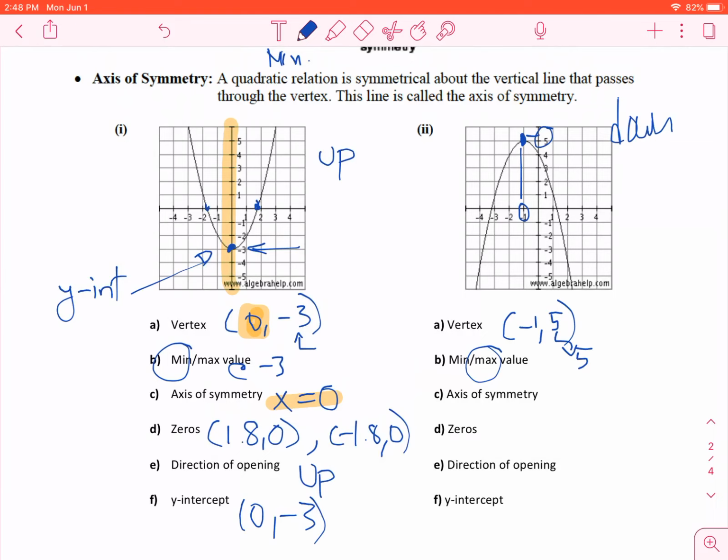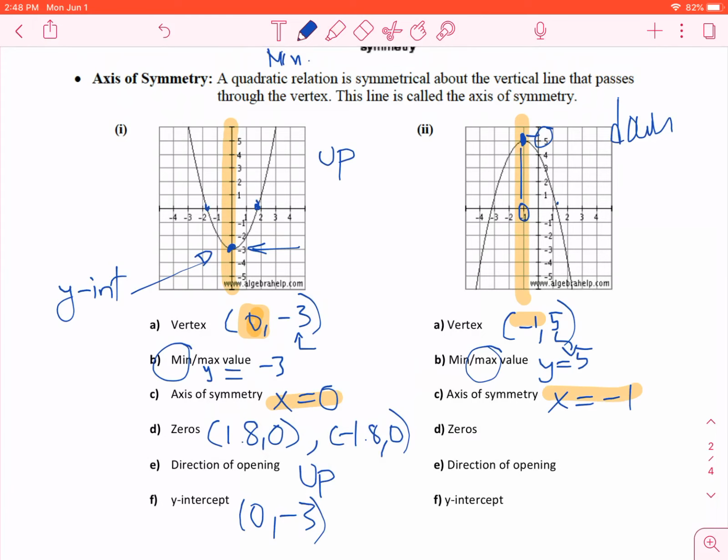It's at y equals 5. We can add that y equals. Axes of symmetry, so again, if I was to draw that dotted line that goes down the middle of your parabola, it would be at -1, which, as you noticed earlier, is also the x part of your vertex. Now make sure whenever you write your axis of symmetry, it's always in the format of x equals and then the value of your axis of symmetry.